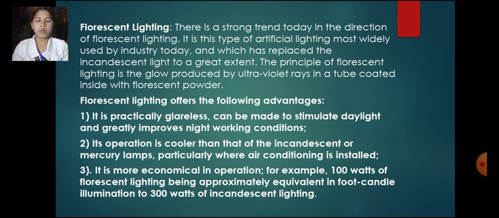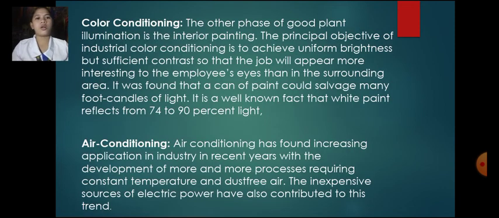For example, 100 watts of fluorescent lighting is approximately equivalent in foot-candle illumination to 300 watts of incandescent lighting. And color conditioning is the other phase of good plant illumination; it is the interior painting. The principal objective of industrial color conditioning is to achieve uniform brightness but sufficient contrast so that the job will appear more interesting to the employees' eyes than the surrounding area.